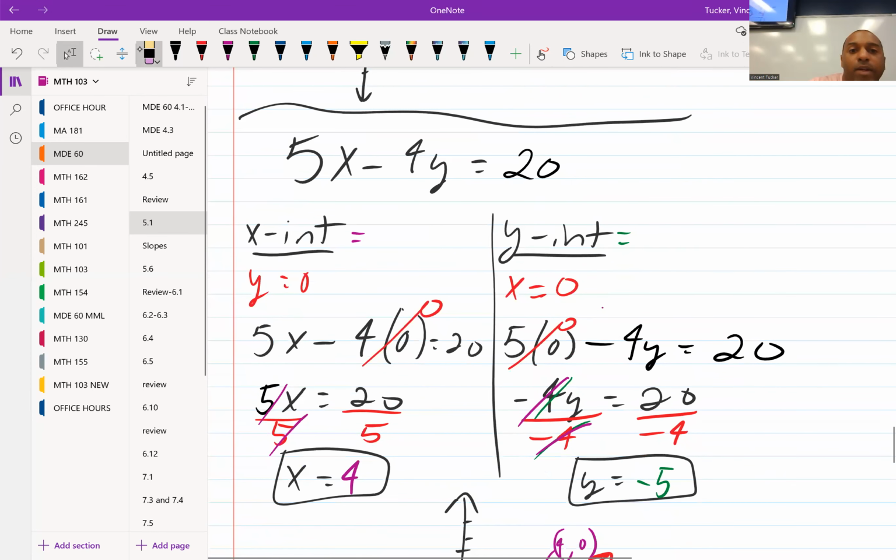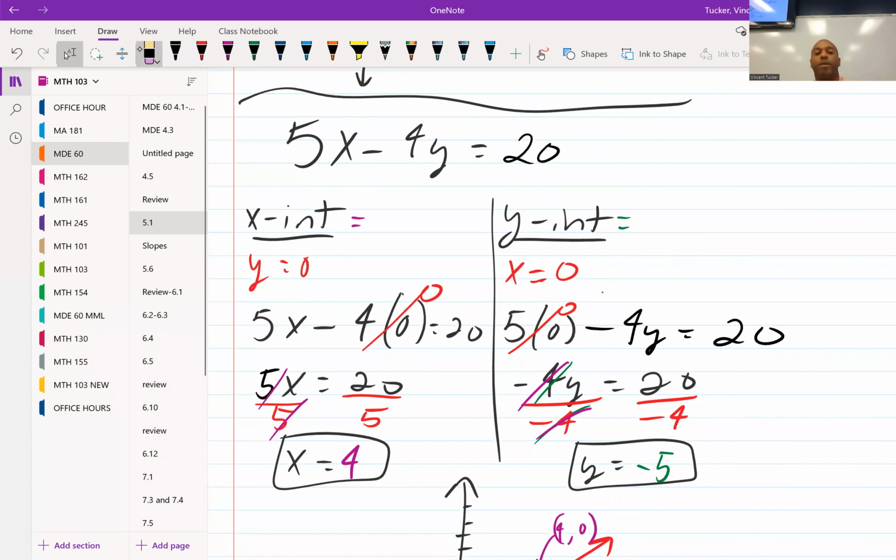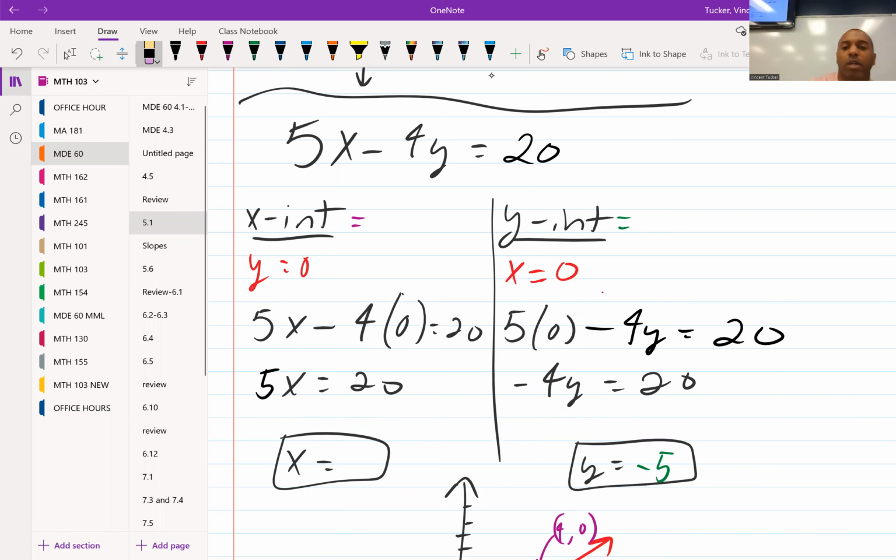So this time we have 5x minus 4y equal to 20. Same process. If we're going to find our x-intercept, we start off by letting y be equal to 0. So let y be equal to 0, plugging in 0 for that y. 4 times 0 is 0, which cancels out, of course.